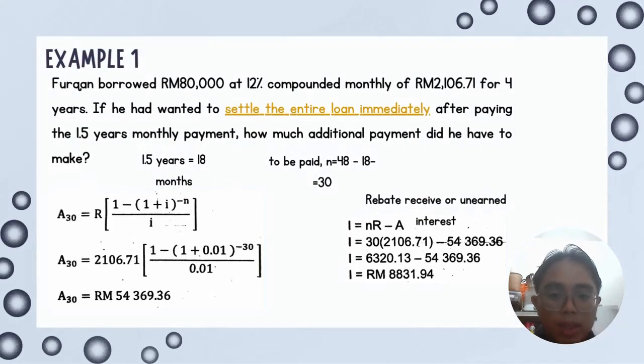Example one is about the outstanding loan. Furqan borrowed RM80,000 at 12% compounded monthly, with a monthly payment of RM2,106.71 for 4 years.